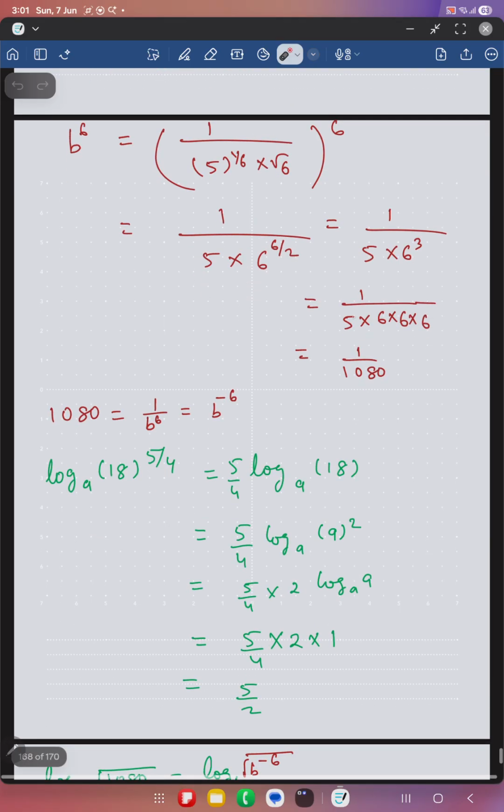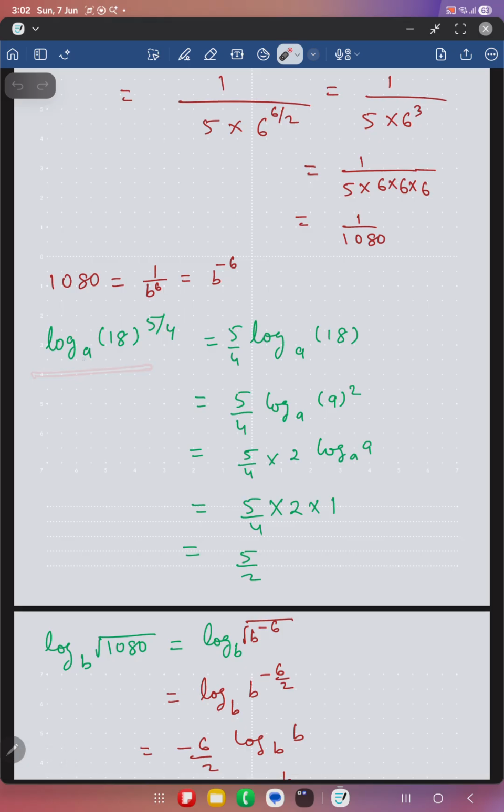In this way you are getting 1 upon 5 into 6 into 6 into 6, which will give you 1080. Therefore 1080 will be equal to 1 upon b power 6, which in turn is b power minus 6.